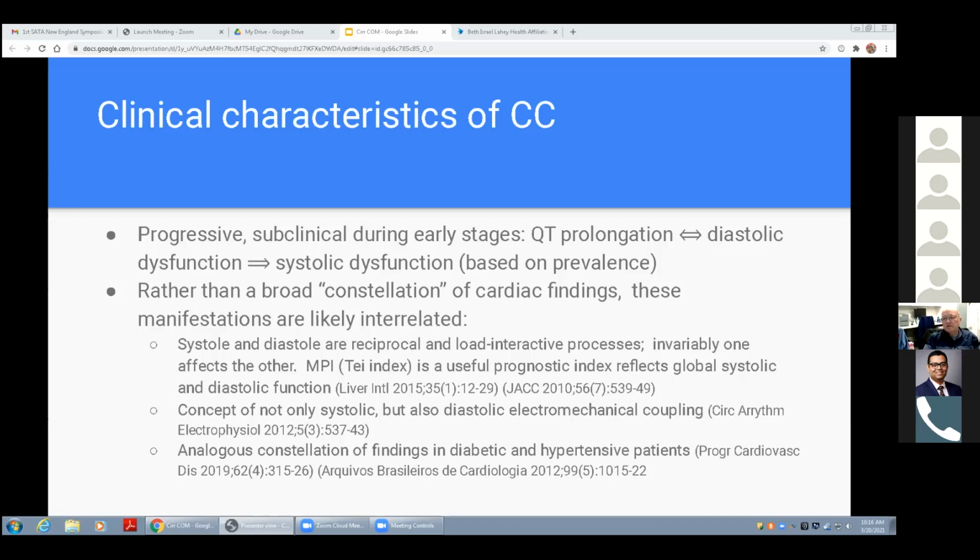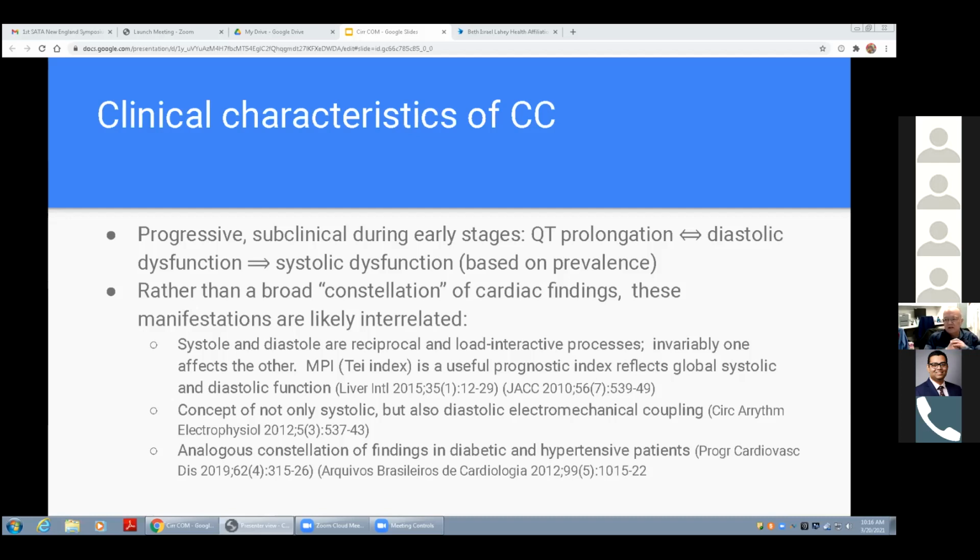Heterogeneously arranged cardiac myofibrils contract in many dimensions. Systolic function, as measured by left ventricular ejection fraction, only measures radial myocardial contraction. As an example of this interplay between diastolic function and systolic function, take cardiac amyloid.